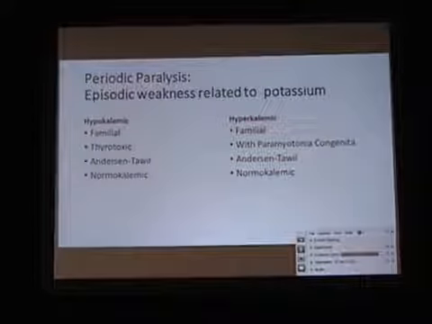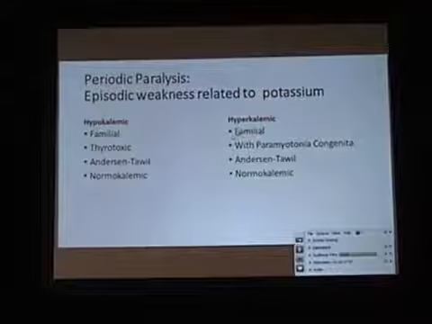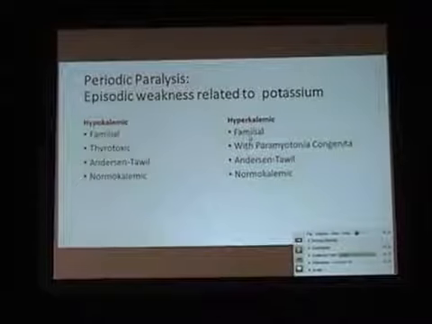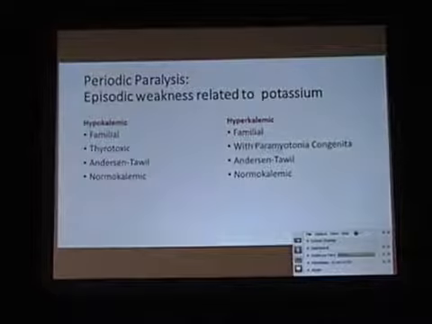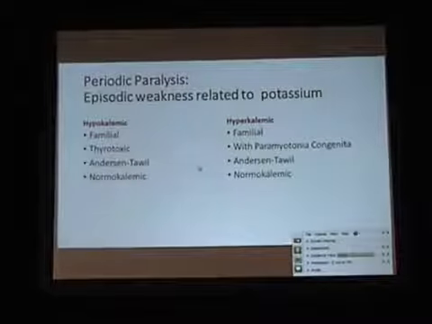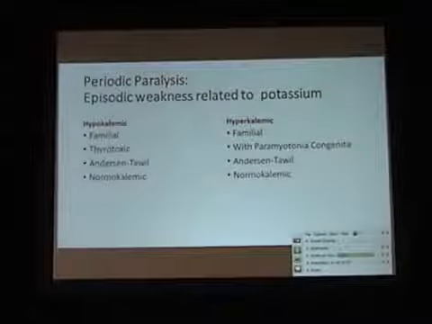So it's unclear where this fits in, and Dr. Lehmanhorn is probably clarifying this a bit better as we speak. And with hyperkalemic, you have familial as well. It can occur with paramyotonia congenita. It can also be with Anderson-Tawil. So the poor regular country doc is already at a disadvantage here.